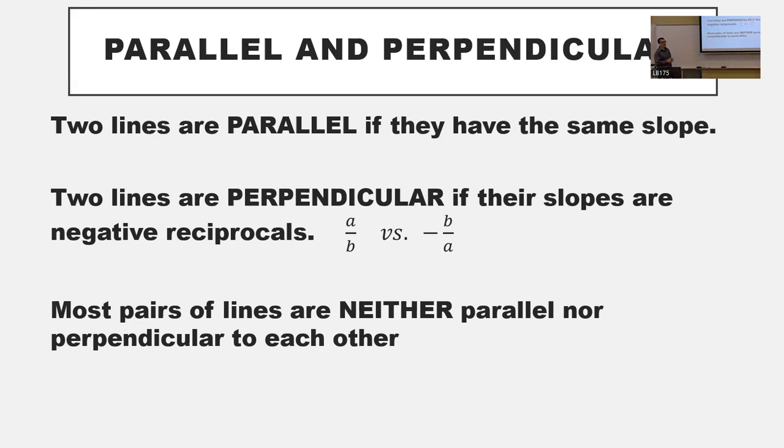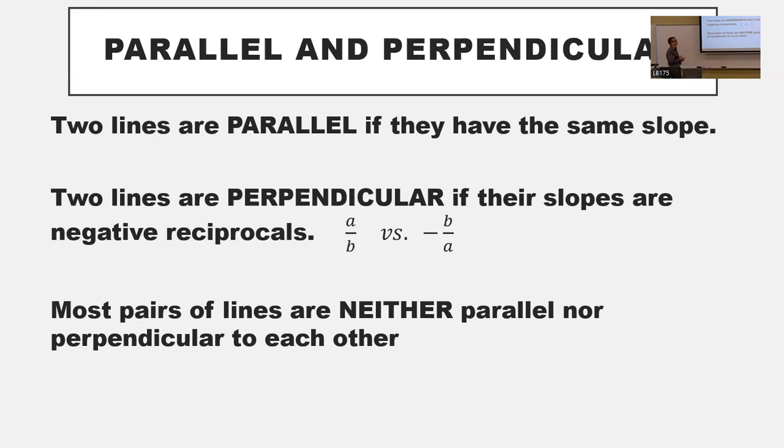The other scenario, which tells us something about slopes, is when we have two lines that are perpendicular. Perpendicular means that two lines cross at 90-degree angles, so it looks like the corner of a square where they cross.